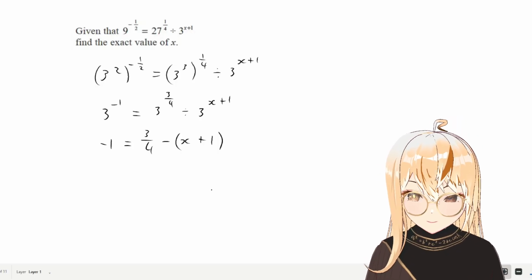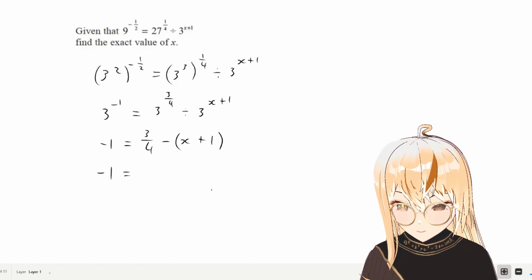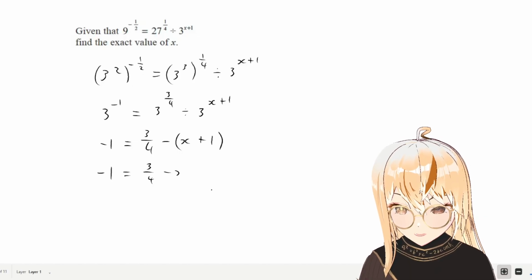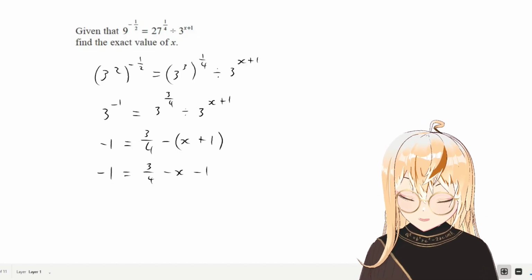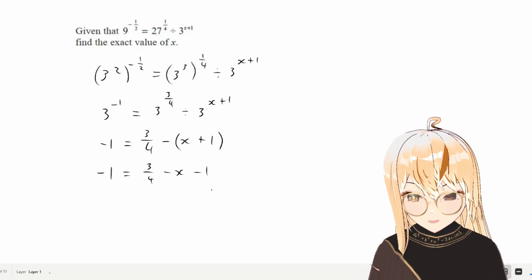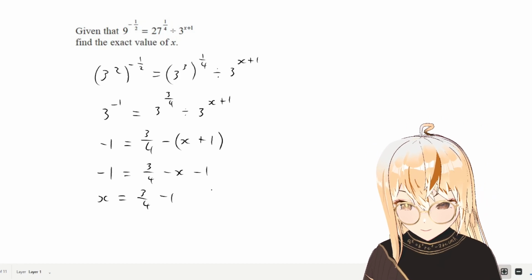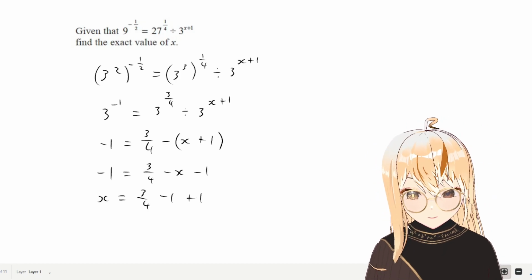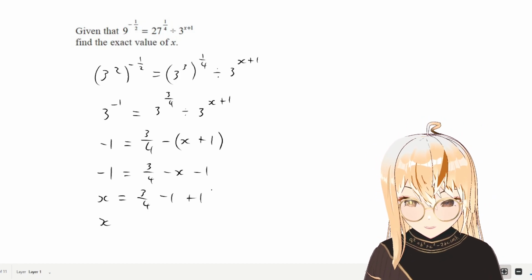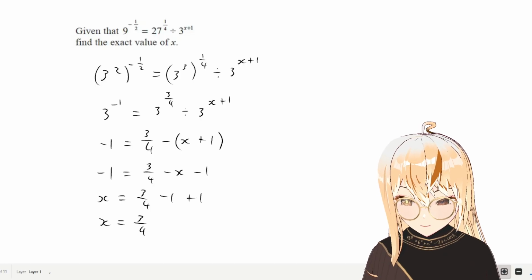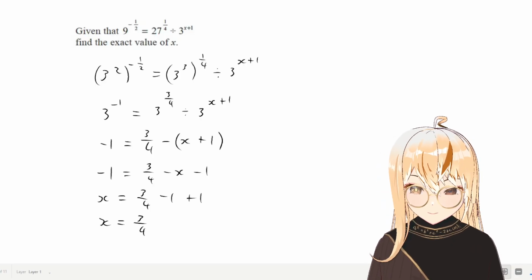Otherwise, we'll get the question wrong. So minus 1 is equal to 3 over 4 minus x minus 1. Let's just do a little bit of shifting around, and we'll get this. The minus 1s cancel out, so x must equal 3 over 4. Nice! I think that's 3 marks well deserved.